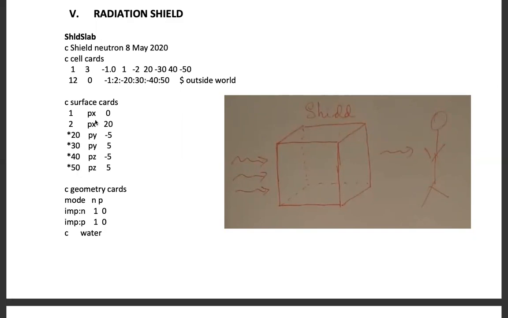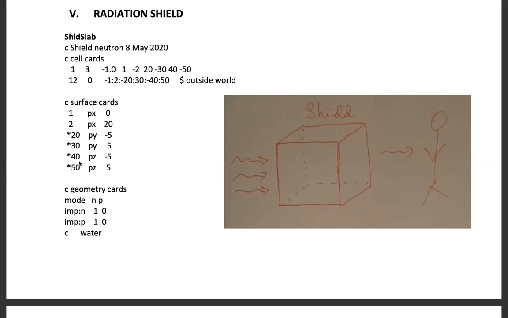The first 2 surfaces are normal to the x-axis, so x equal to 0 and x equal to 20 centimeters. Surfaces 20 and 30 are normal to the y-axis, at -5 centimeters and +5 centimeters, which means they're of thickness 10 centimeters on the y-axis.